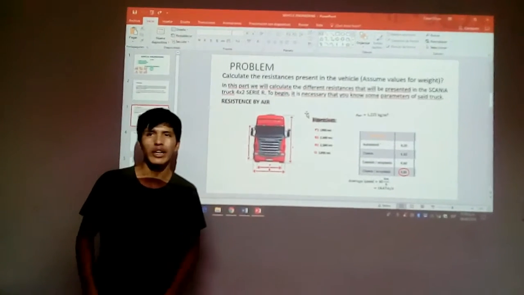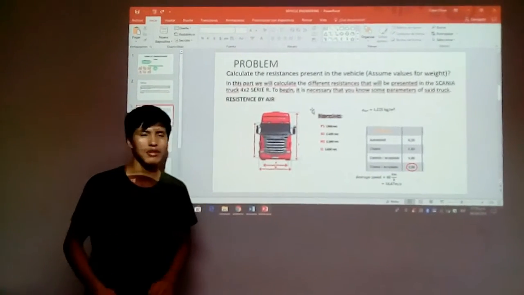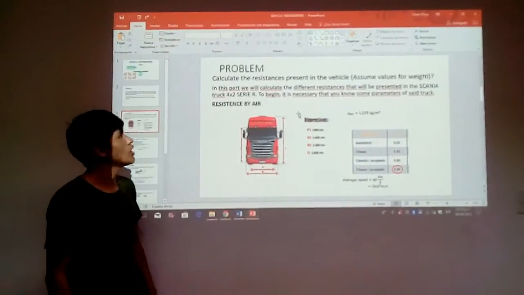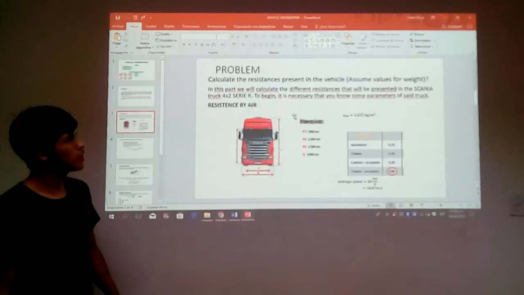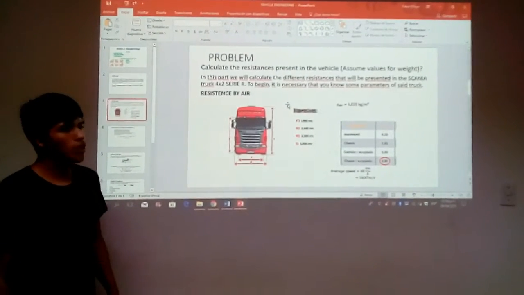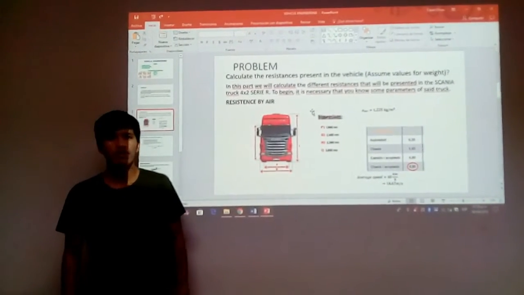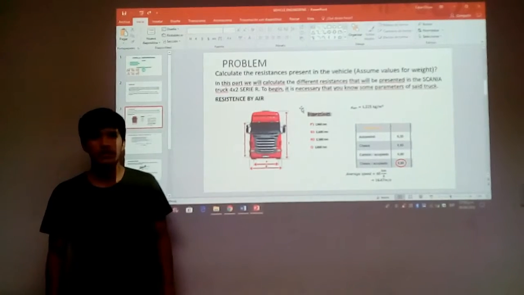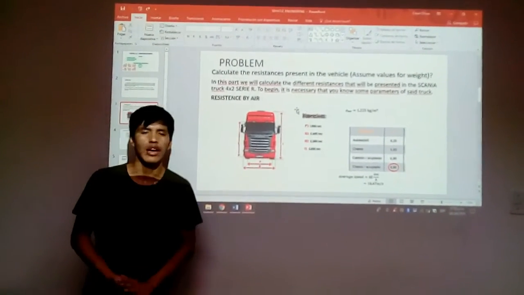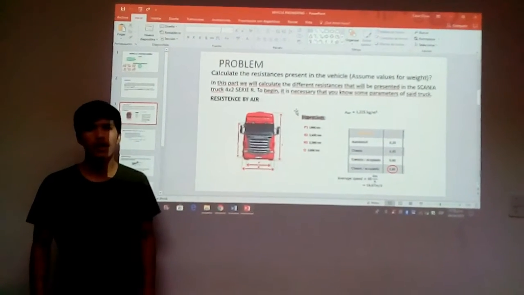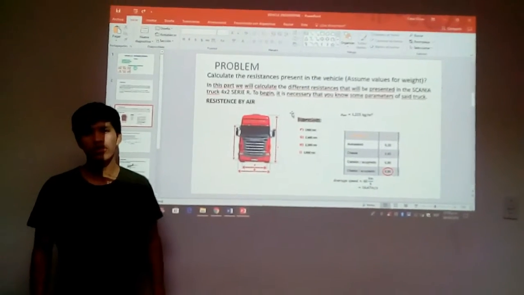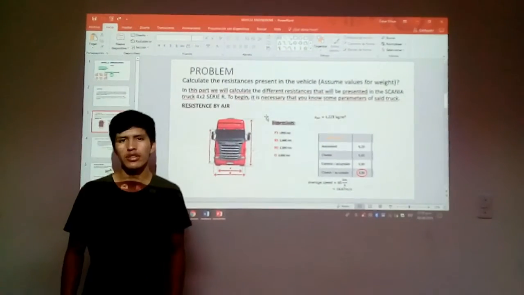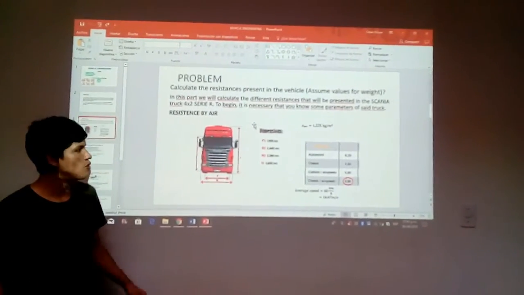To continue, we are going to start the one activity in where says calculate the resistance present in the vehicle. Well, we know the different resistance are the aerodynamic resistance, the rolling resistance, the slope resistance, and the inertia resistance.